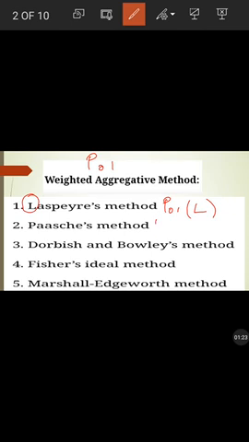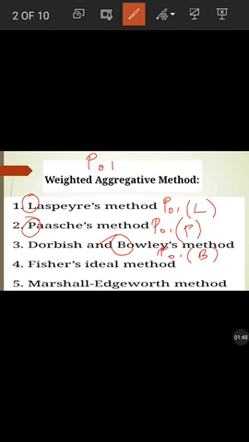Similarly, for Paasche's, it is P01 of P. Then Dorbish and Bowley's method can be shortly called Bowley's method, so the formula is P01 within bracket B, the first letter of Bowley's.